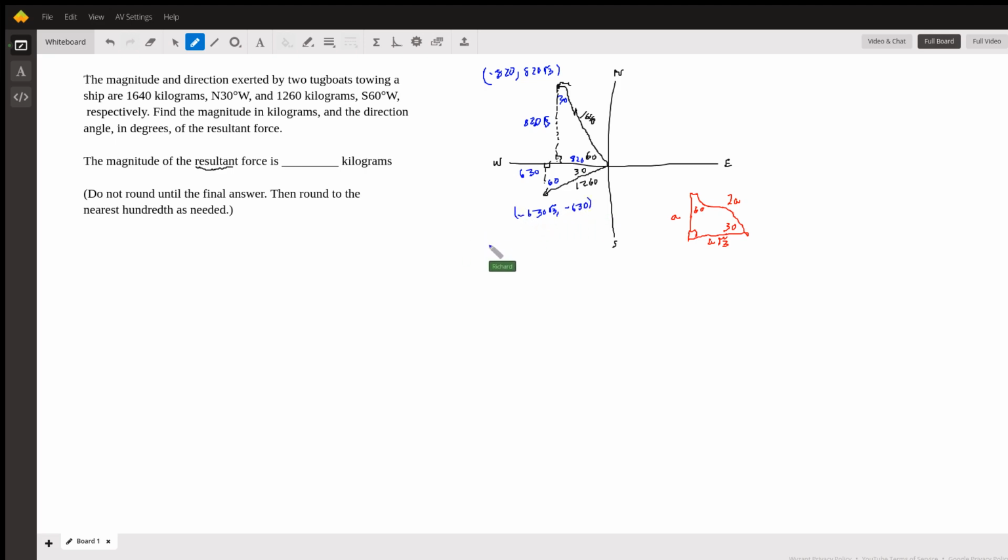Okay. So if we want the resultant R, and these are supposed to have square brackets here. Actually, let me use a different color here.